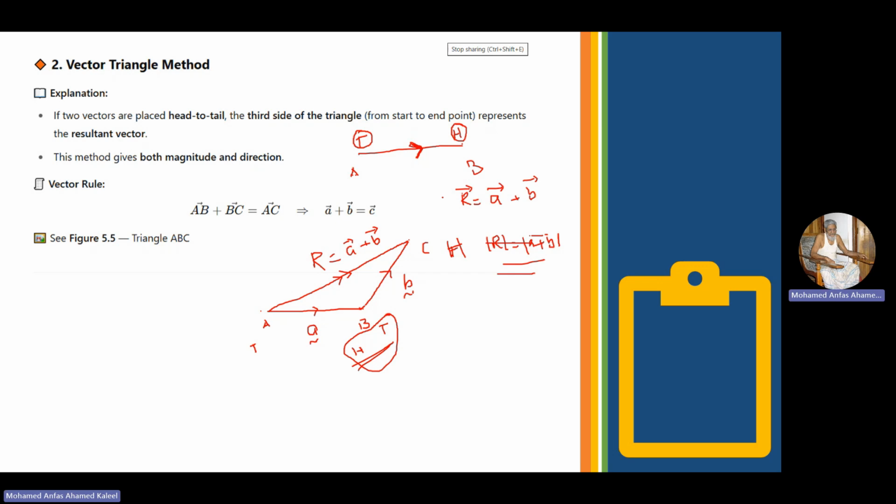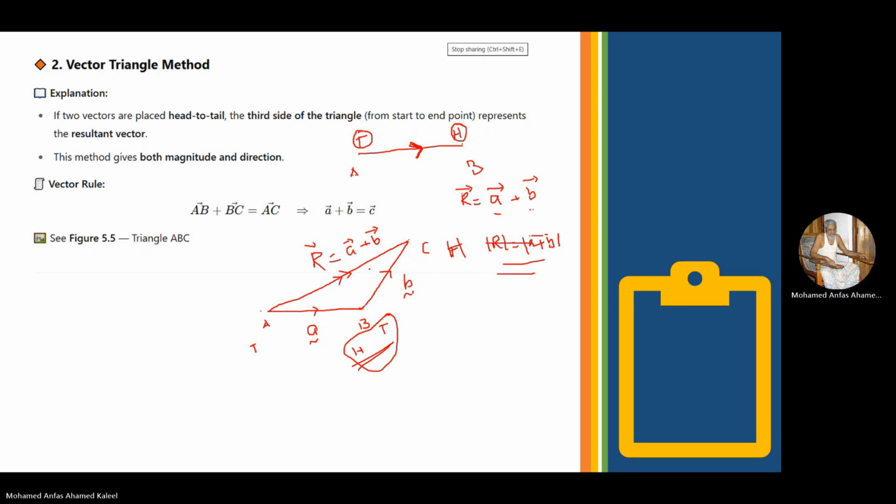We will see how to solve this kind of problem, but in vector form we can say R vector is equal to A vector plus B vector.